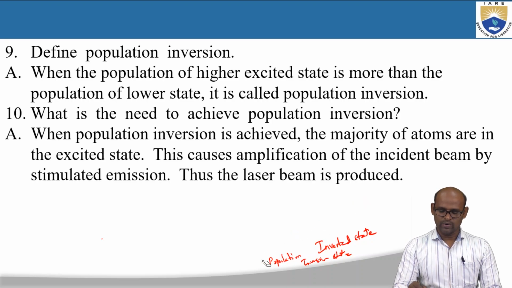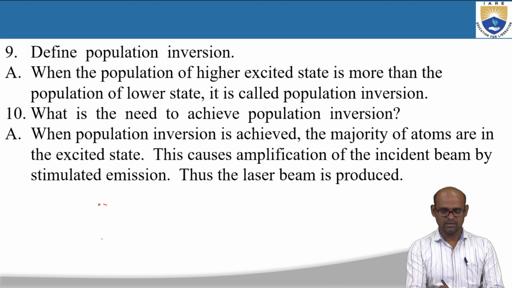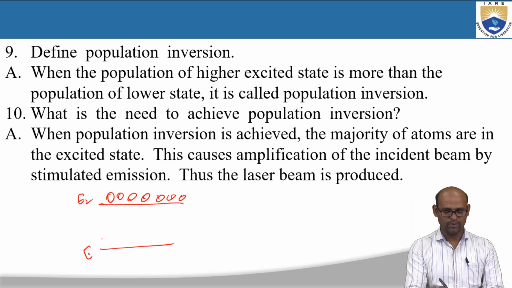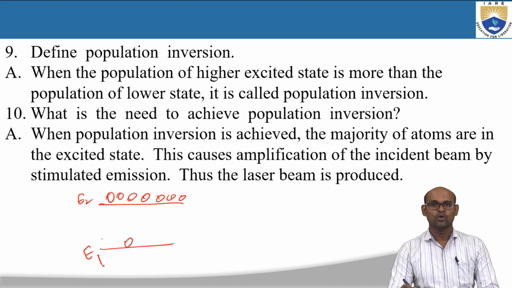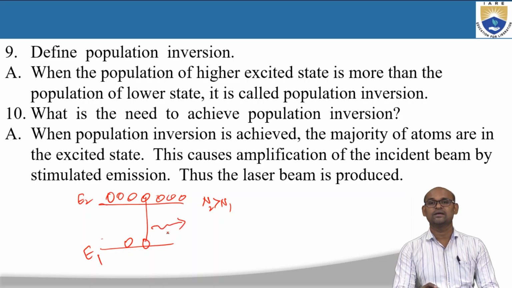Only when you have population inversion, that means more atoms are in the excited state E2 compared to the atoms in E1. When there are more atoms in the excited state, these atoms can decay to the ground state through spontaneous emission or stimulated emission.